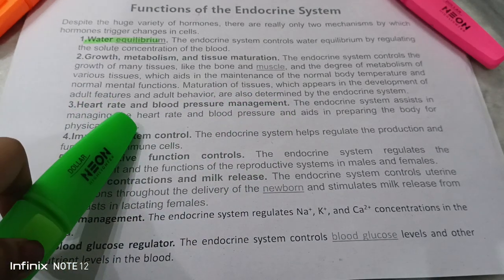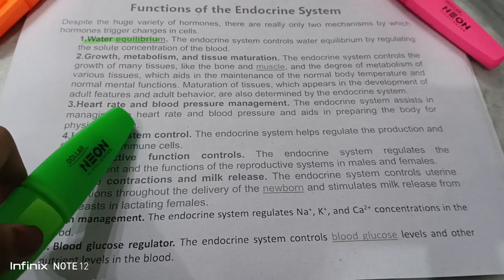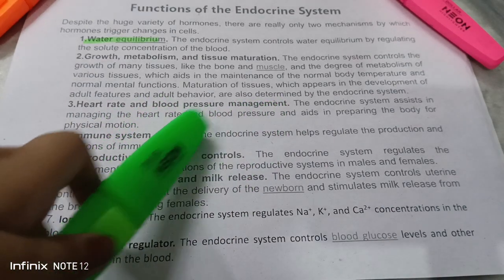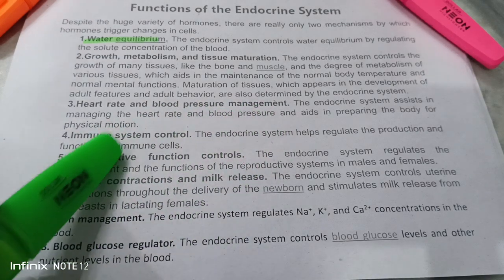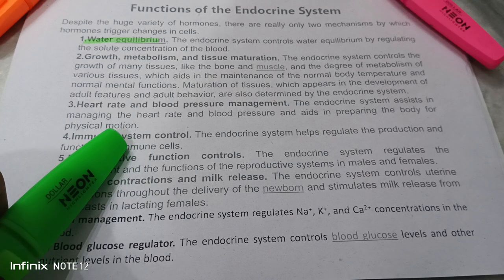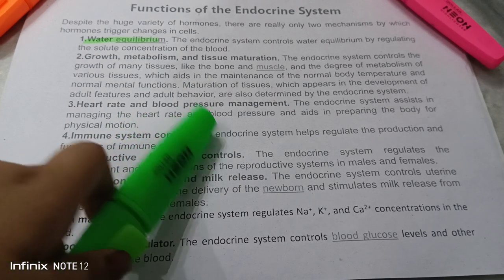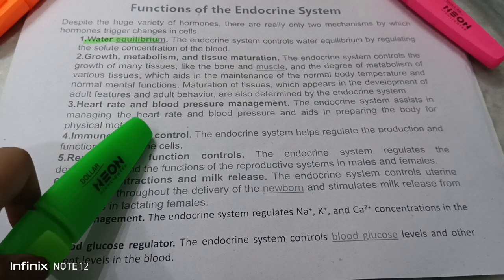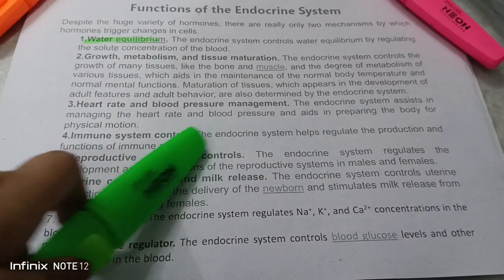Then the third function of the endocrine system is heart rate and blood pressure management. It assesses the heart rate and blood pressure and aids in preparing the body for physical activity. If we increase our physical motion, it also increases our heart rate and blood pressure, and if we have decreased physical motion, then it also decreases your heart rate and your blood pressure.